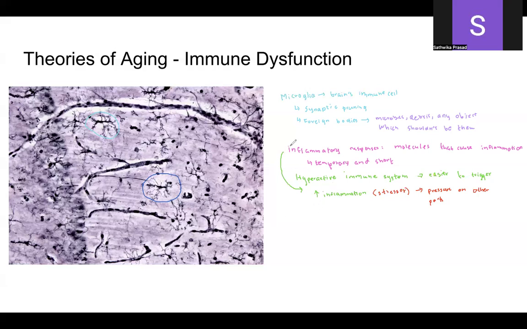So, although a temporary immune response or inflammatory response is okay, because of the hyperactivity, because it's activated for every small thing, your brain is more inflamed all the time. It gets inflamed more or it's in a more constant state of inflammation.